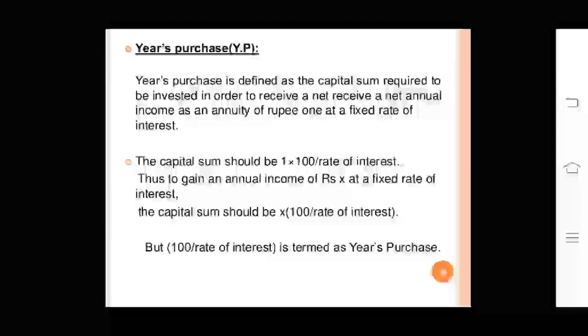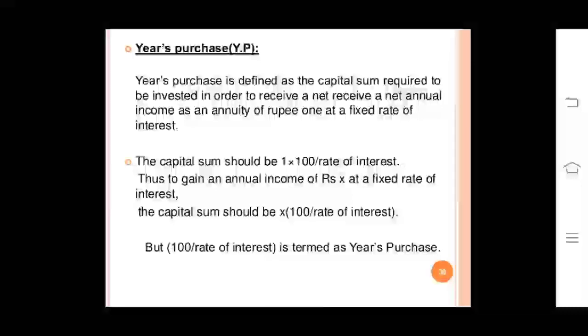Year's purchase. Year's purchase is defined as the capital sum required to be invested in order to receive a net annual income as the annuity of rupee 1 at a fixed rate of interest. The capital sum should be 1 into 100 divided by rate of interest.